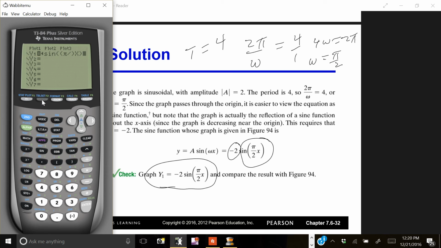And let's set up the window. The period is 4, so let's go from -4 to +4. And the amplitude is 2, so we're going to go -2 to +2. And we should see the graph that we were first given, except, what is the syntax error?